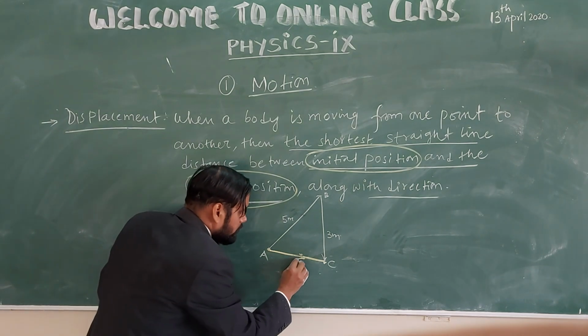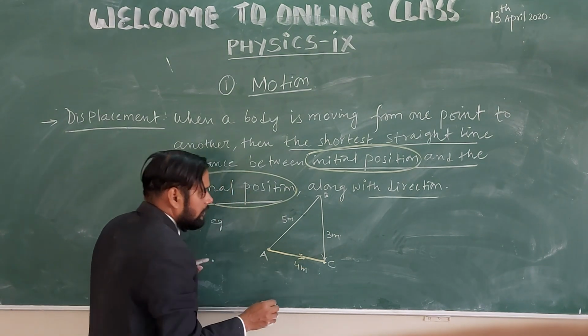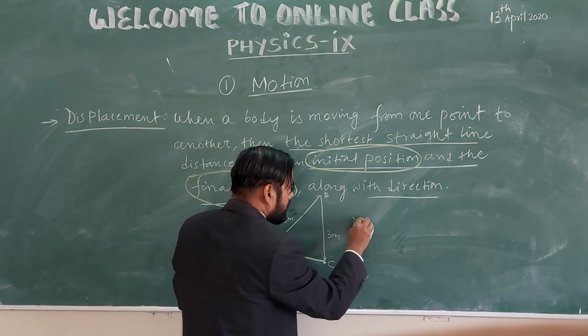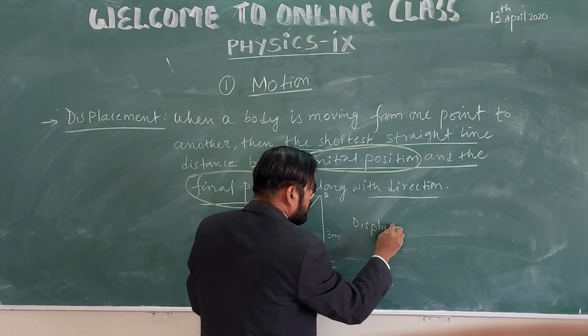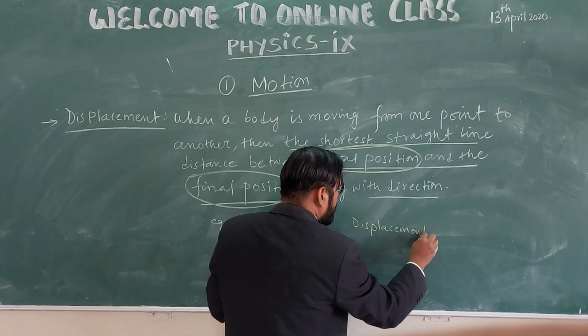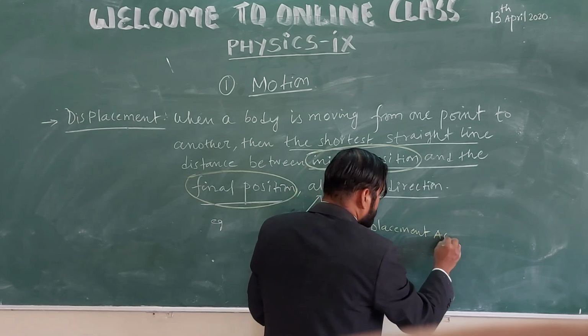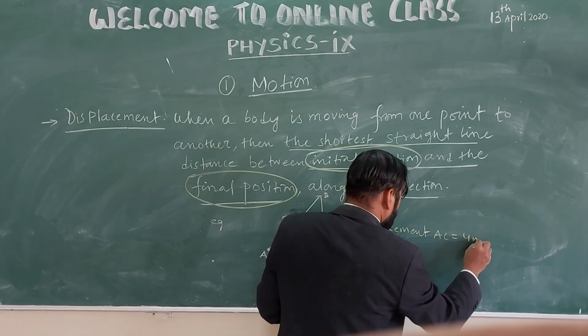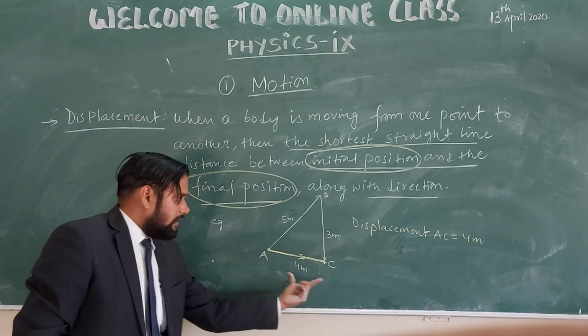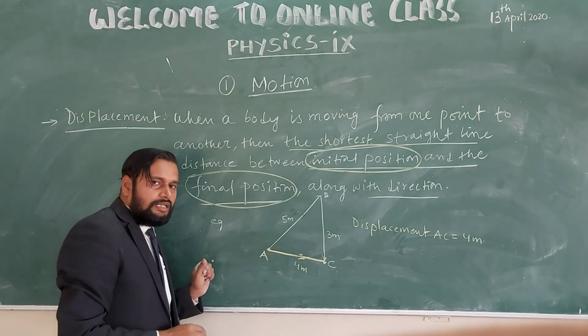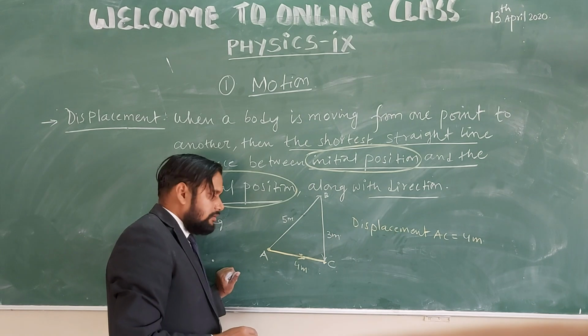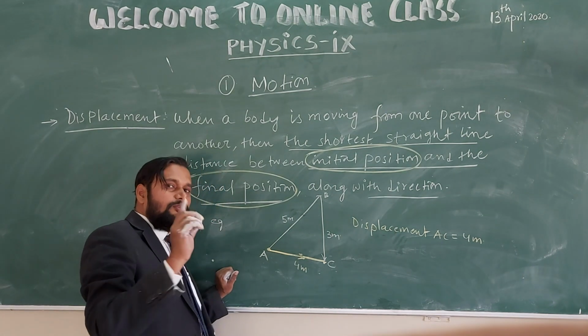So here it is, suppose, 4 meter. So displacement AC equals how much? Displacement AC equals 4 meter. Now we will see in which direction it is moving.